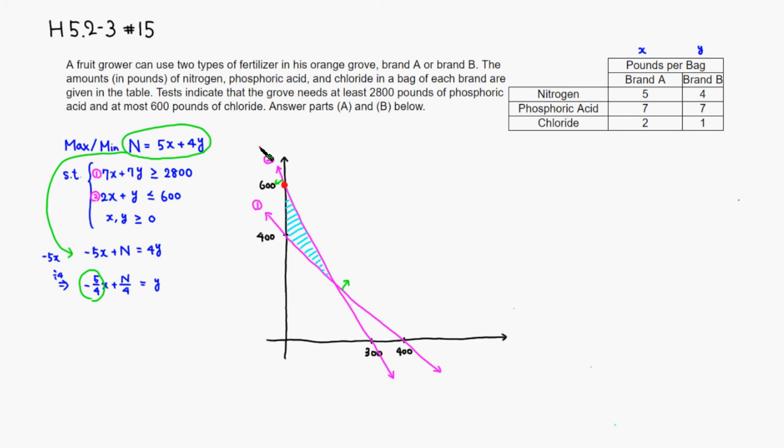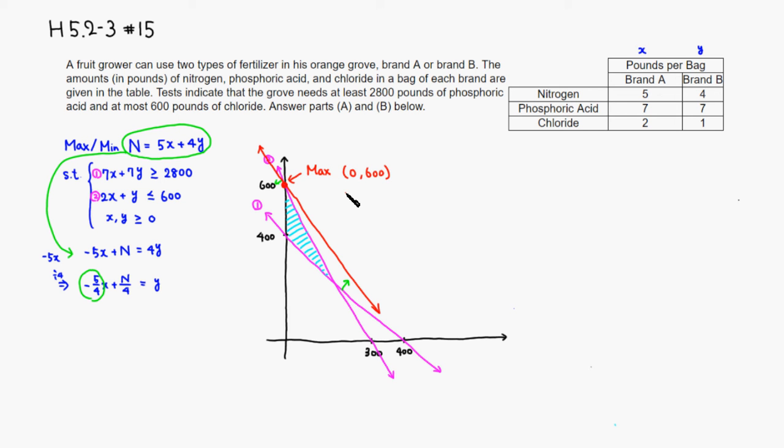So here is the objective function line. I made sure that it's not as steep as the number 2 line, but it's steeper than the number 1 line. So it looks like the maximum is going to occur at this point, which is x equals 0 and y equals 600.